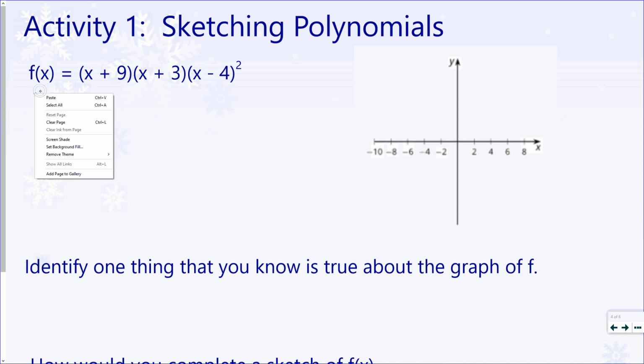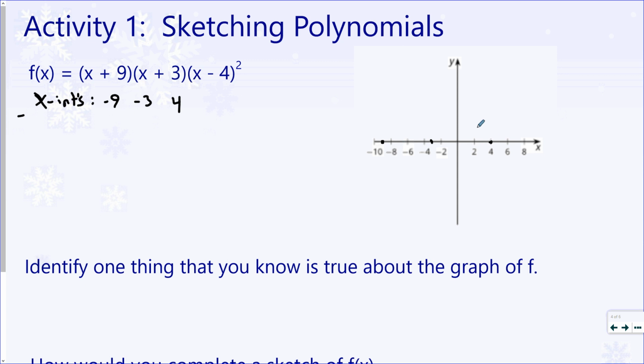We know its x-intercepts. Its x-intercepts are -9, -3, and 4. So we know it's going to pass through or touch potentially here, here, and there. Okay.